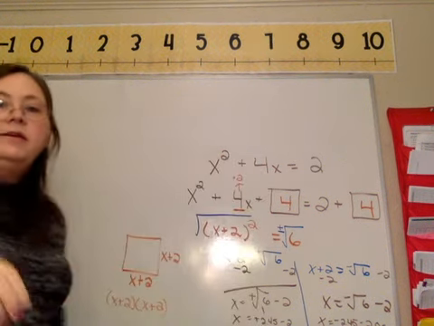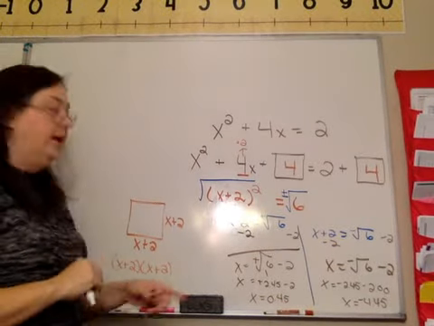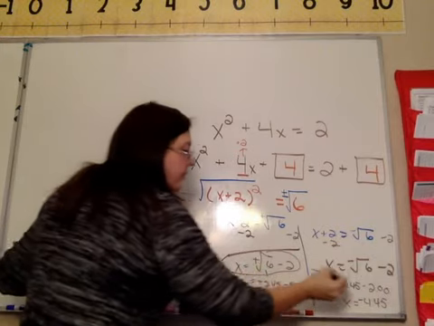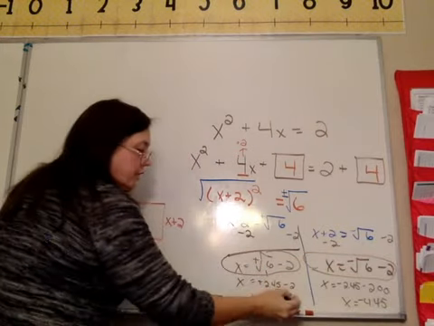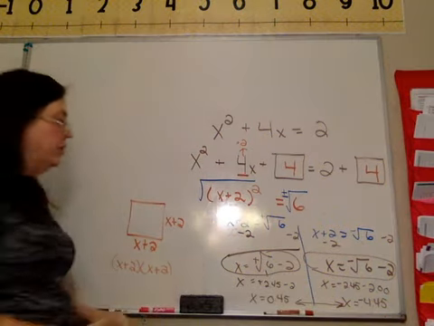It just depends on what your book asked you to do. Okay, if your book asked you not to estimate, then this would have been your answers. If it asked you to estimate, these would have been your answers. And remember, I told you that it's okay.